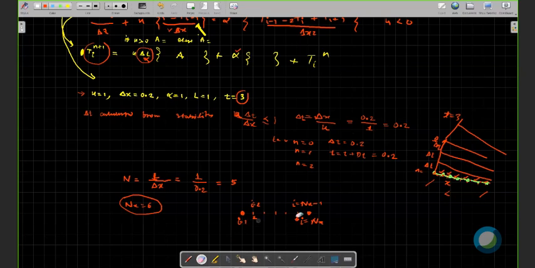And at the boundary, the boundary condition will be given. Say at the boundaries, the values are given, t equals 0 and t equals 0. That is given.